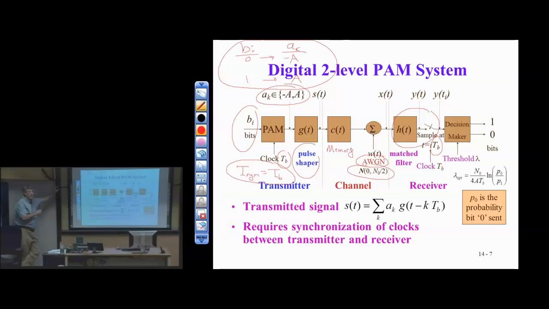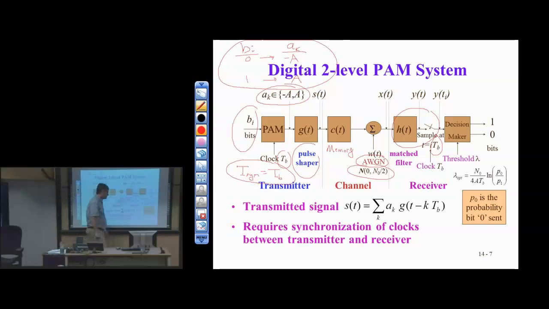A lot of things are not shown here, such as synchronization. The equalizer isn't shown in this block diagram either. But the basic signal path is here: encoding, pulse shaping, transmission, propagation through the channel, reception through a matched filter, sampling at the symbol time, and then deciding what bit was most likely transmitted.